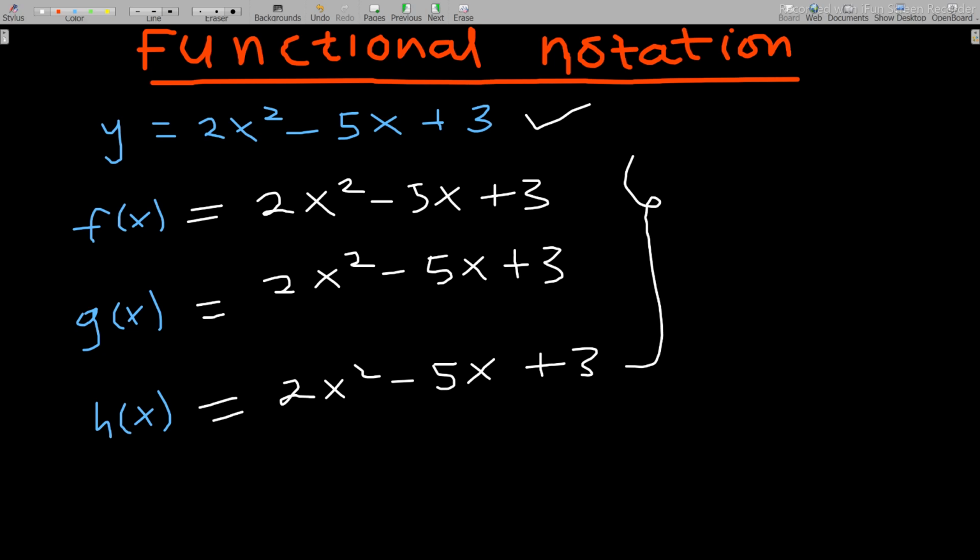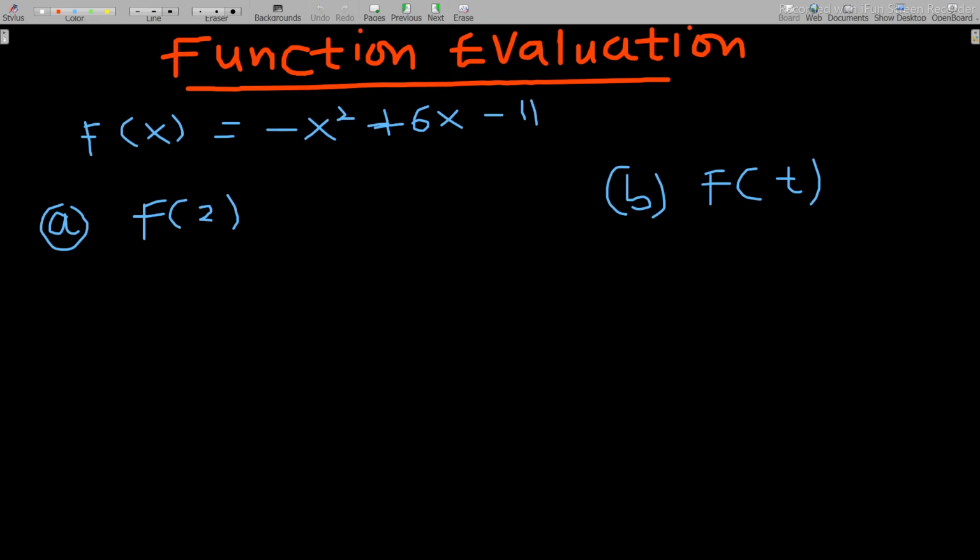All right, so let's go to the next subtopic, called function evaluation. If I have a function f of x given as this, how do I evaluate some values of x using this function? The first one is to evaluate f of 2, meaning wherever you see x, you put 2 there.